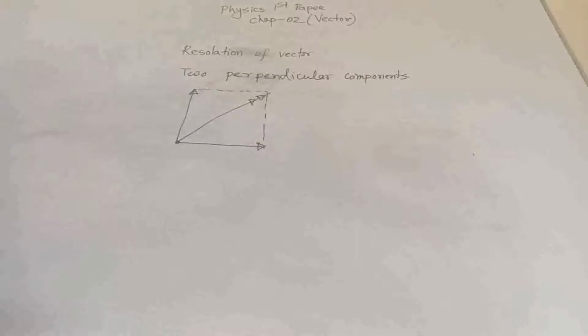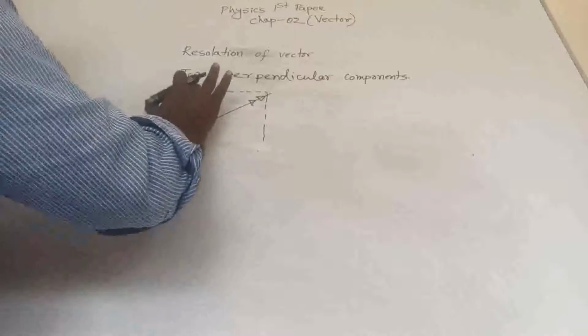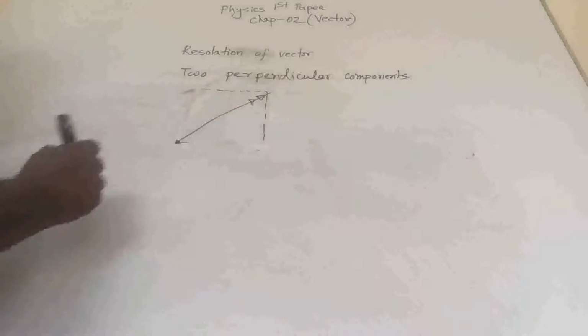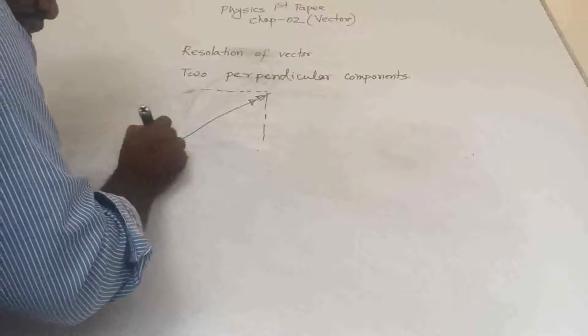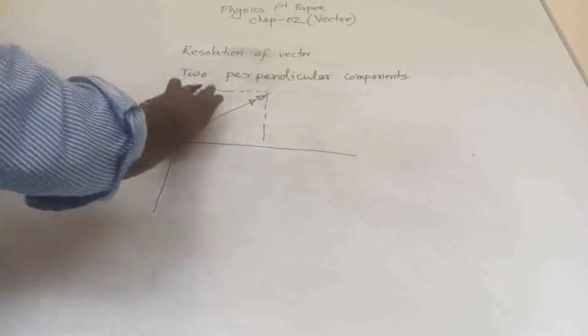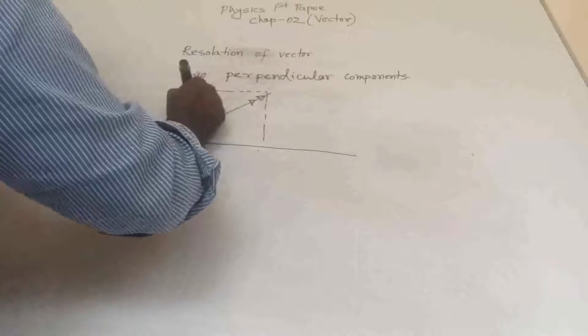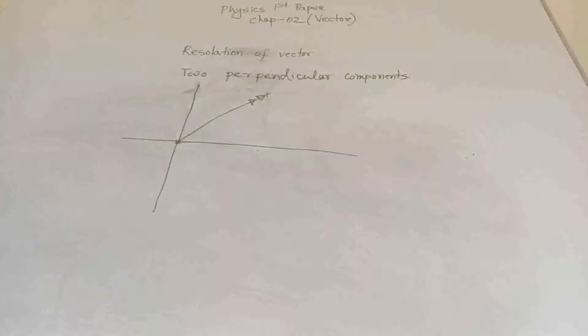Now, if these two vanish, then how can I get back these two components? The process is that on this point, draw a horizontal axis and draw a vertical axis.